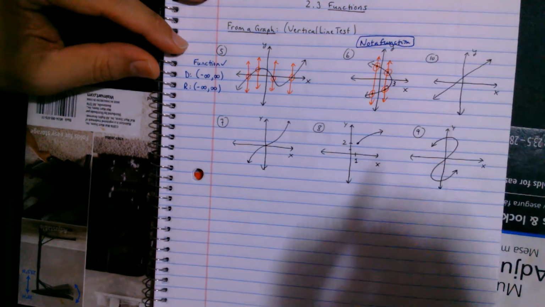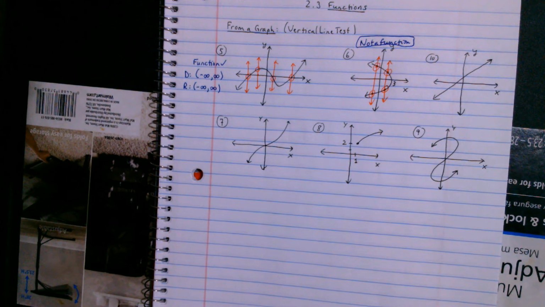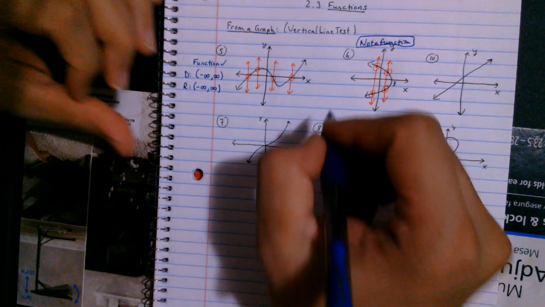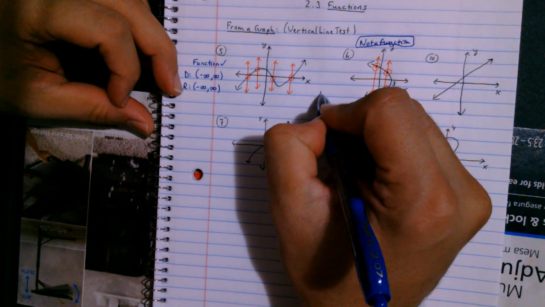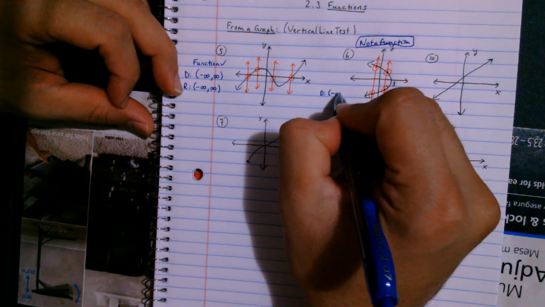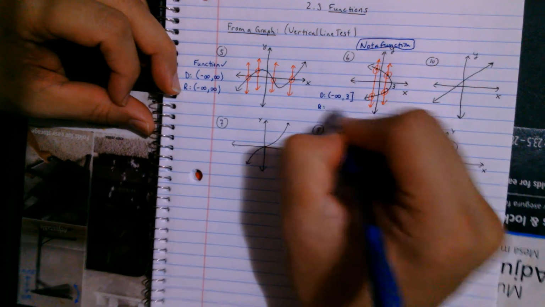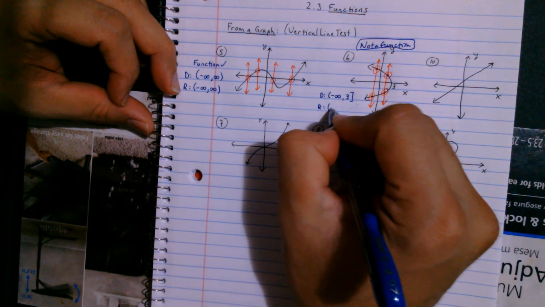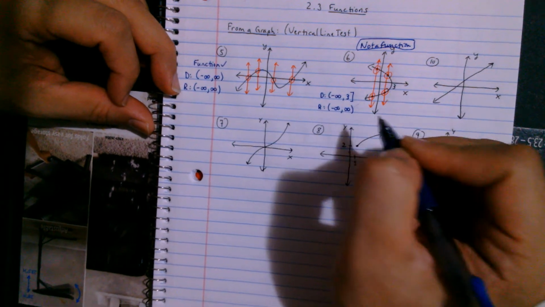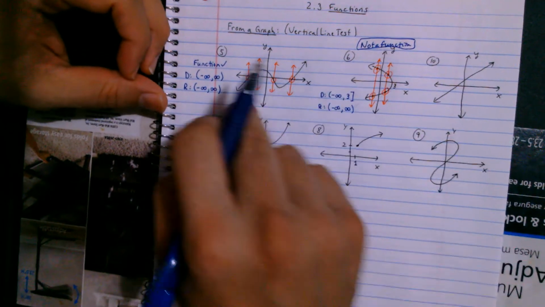Now, if it's not a function, on a graph I'm not going to get you worried too much about domain and range. But if you were curious, the domain would be negative infinity up to 3. All left forever, all the way to 3. And the range would be down forever, up forever, negative infinity to infinity. I'll put it in there. It's not necessary, only if it's a function for me.